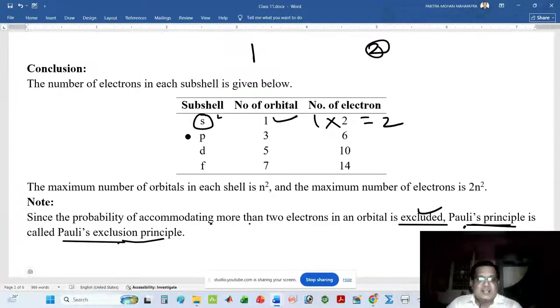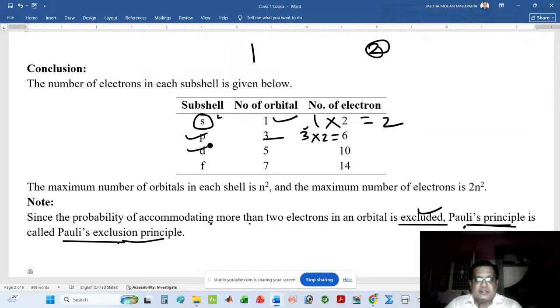Similarly, think about the p subshell. It has three orbitals, px, py, pz. Each orbital carries 2 electrons. That means 3 into 2 is equal to 6. Here 3 is the number of orbitals, and 2 is the maximum number of electrons in one orbital.